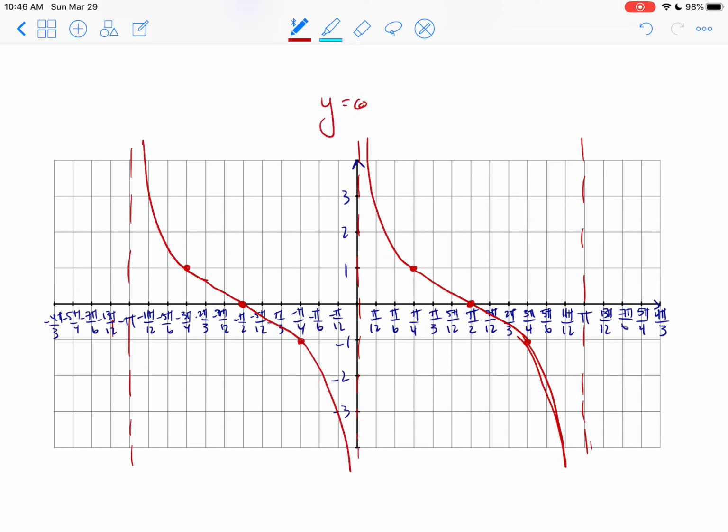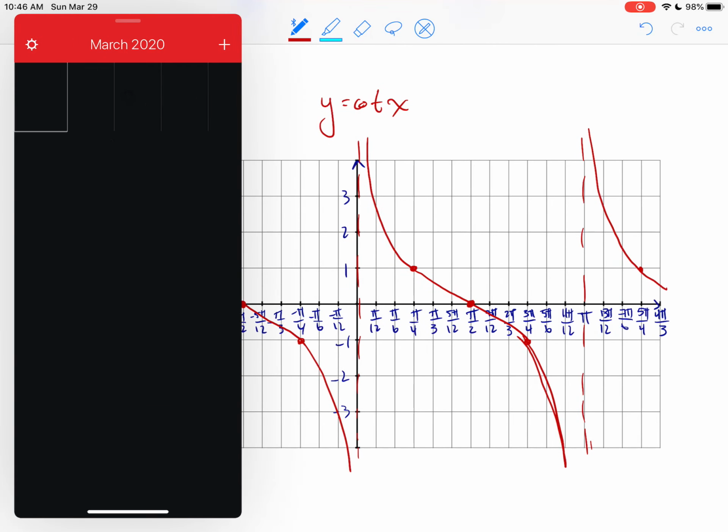This is y equals cotan of x. And then again, this one would be 1, and this one would actually be negative 1 here. We would see it coming down here, coming from above. So there's tangent and cotangent, okay?